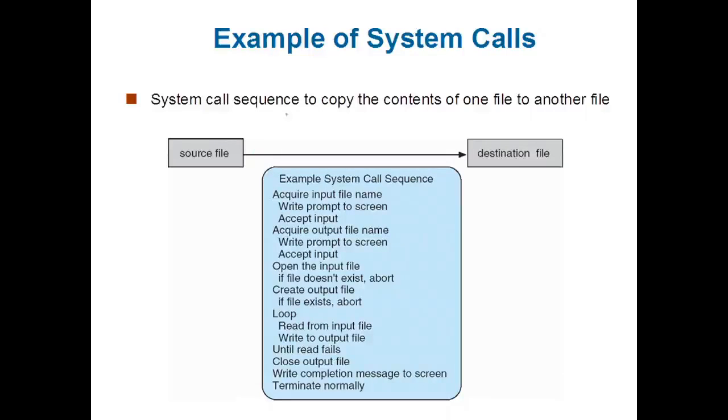Let us understand system calls with the help of an example. Suppose the user wants to copy a file from one location to another. That means one file you are reading and one file you are writing. So this is the input file and this is the output file where you are writing.